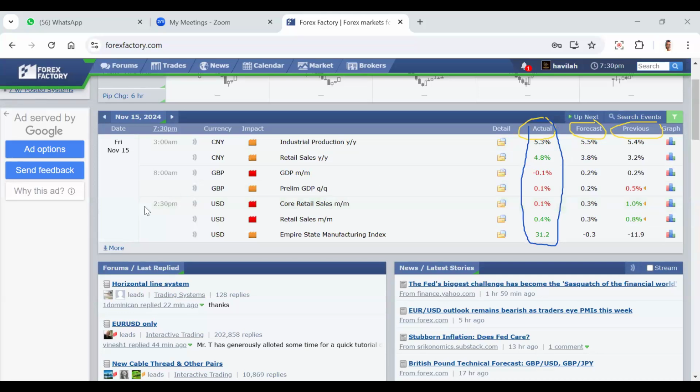Now, this is a past data. So on Friday by 2:30 p.m., the actual was released. From the details that we read earlier, we said that if the actual is greater than forecast, the data is good for the currency. In other words, if the actual is less than the forecast, the news is bad for the economy, bad for the currency.